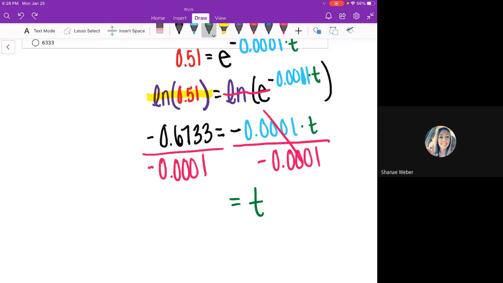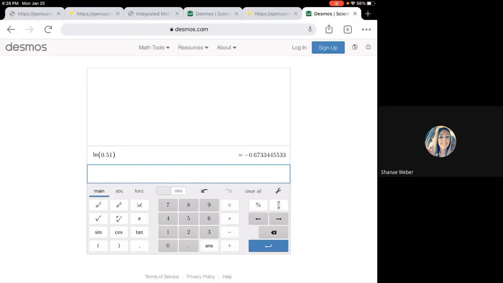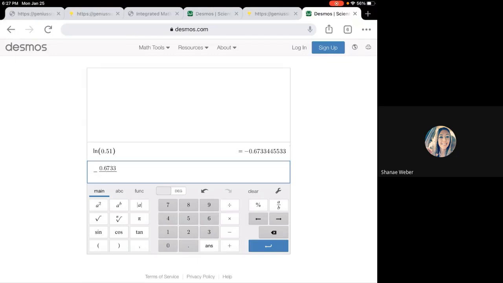So we're going to use our calculator for that again. I have negative 0.6733, and we're going to divide that by negative 0.0001.